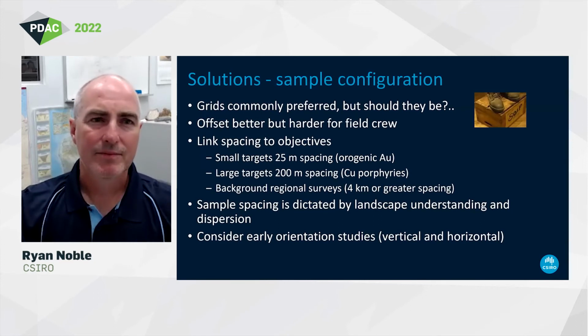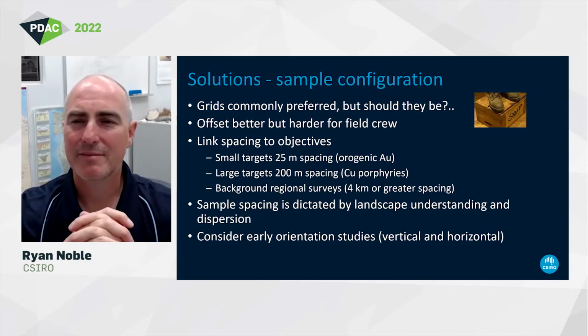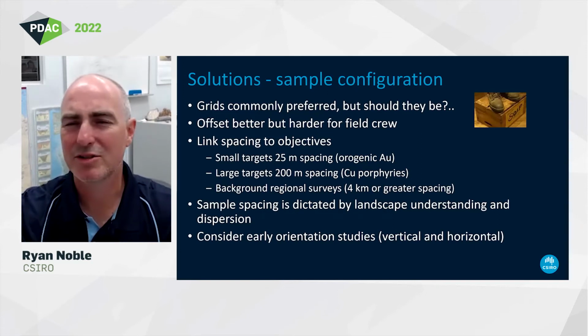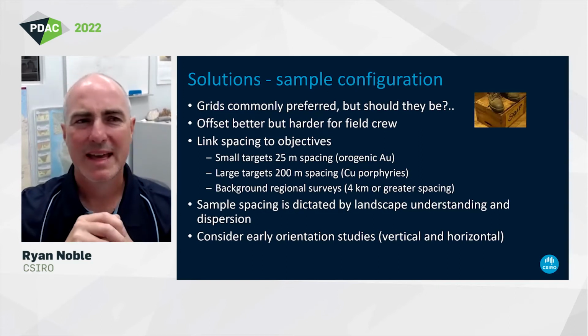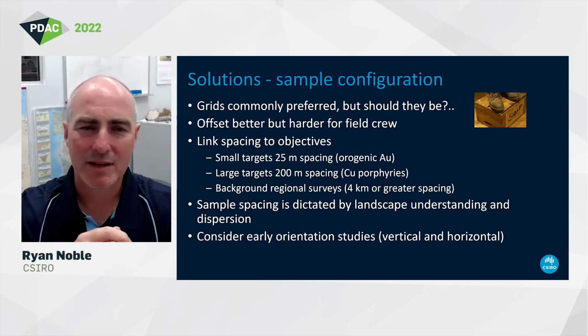And so, I've mentioned how grids are commonly preferred, but I would implore people to think early on, should they be? Should we be doing grids every time? Are there better options for us? And then understanding your spacing as well is really important.